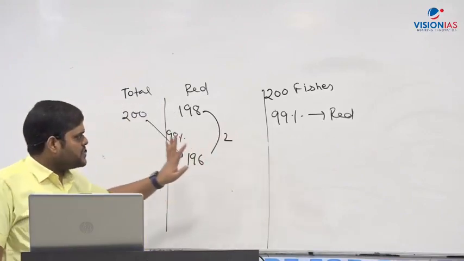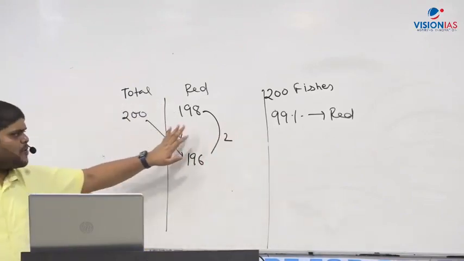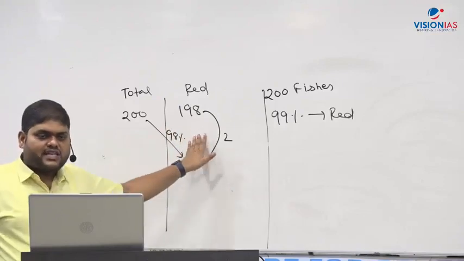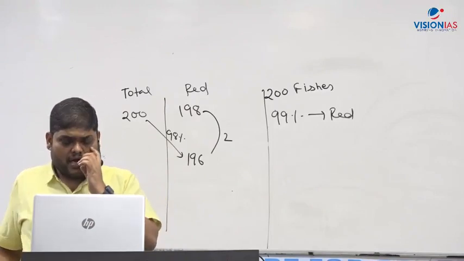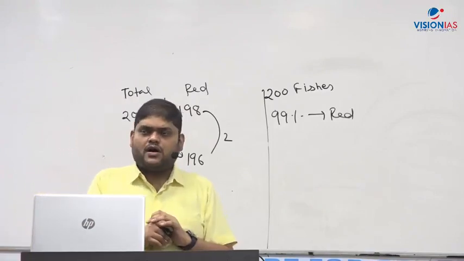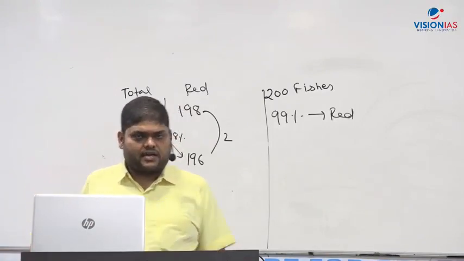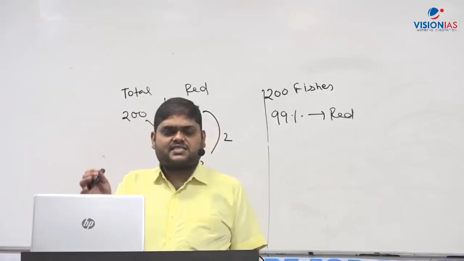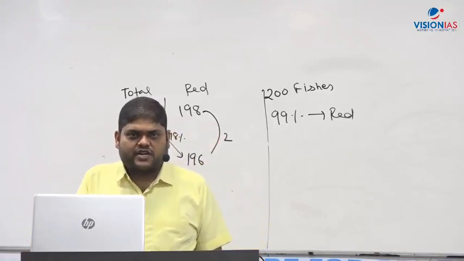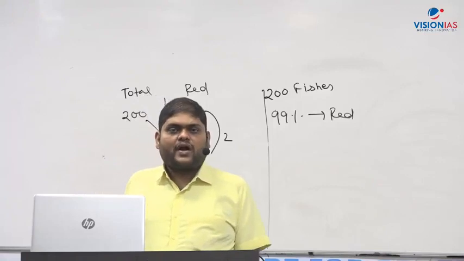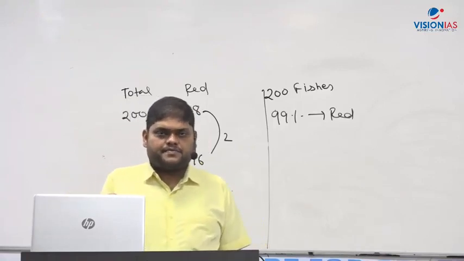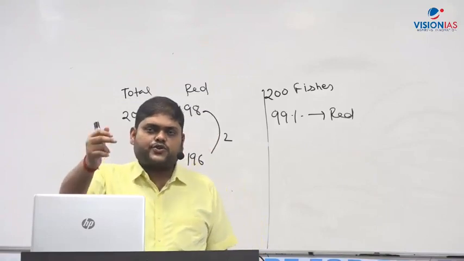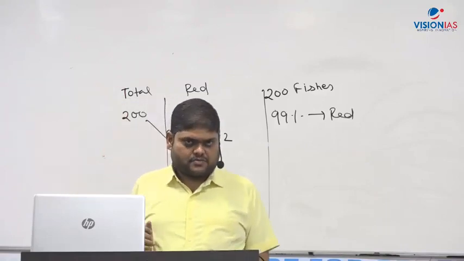Okay, now this question. What is the problem in this approach? Let me give an example. Suppose in this classroom, out of 200 students, 198 students wear a red shirt. Now suppose I ask 2 students to go out of the class.